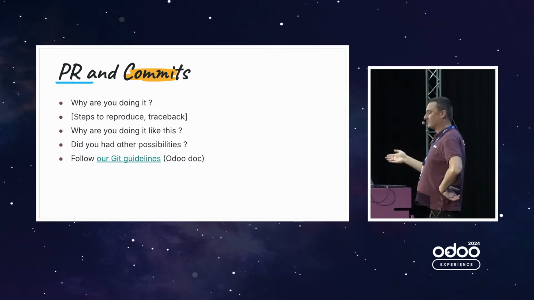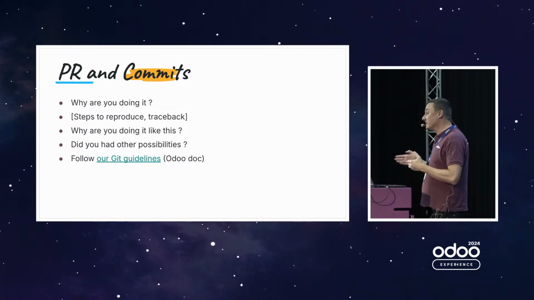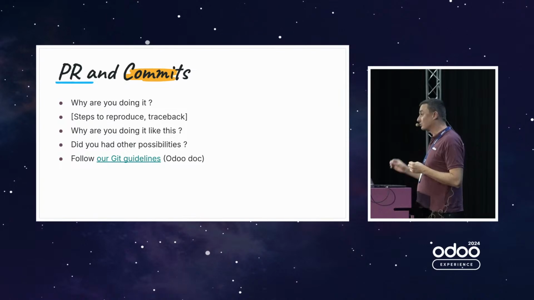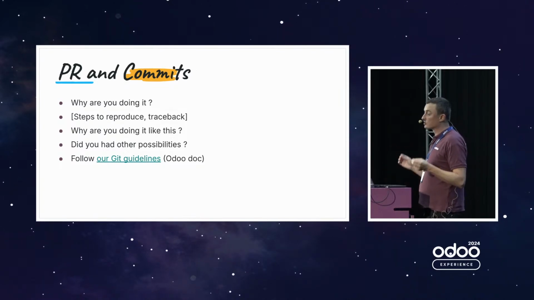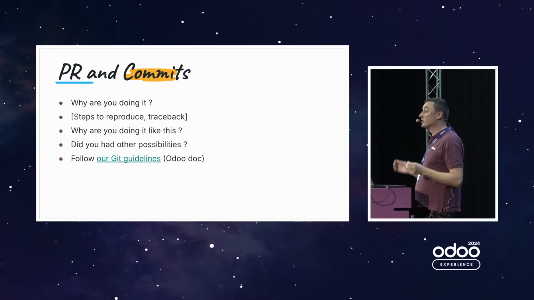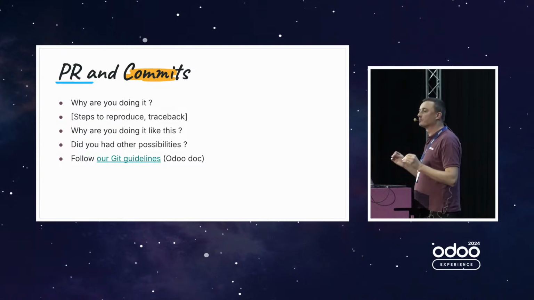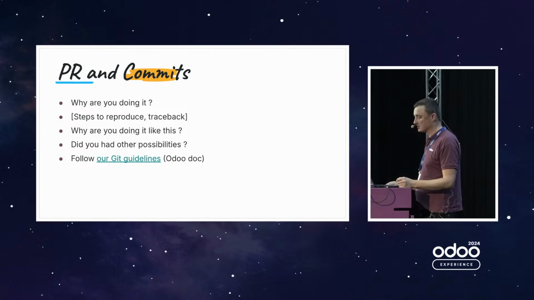Why did it choose that method and not the other one? But maybe you investigated the issue and you found that it was not possible to do it in another way, or there are some side effects. So it is really important to explain your conclusion and why you have that piece of code and not another when there are several possibilities.